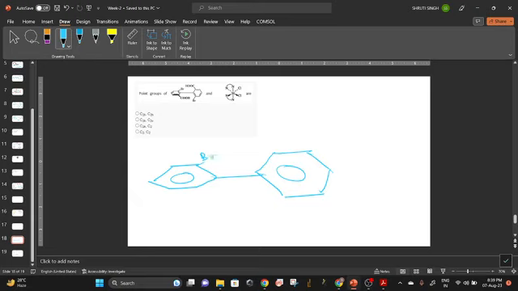Now Br, COOH. Does it have C2? Because all the options have C2 in them. It should have C2.